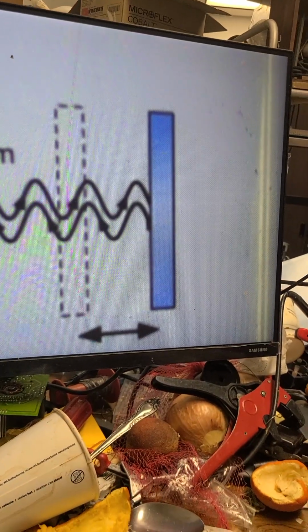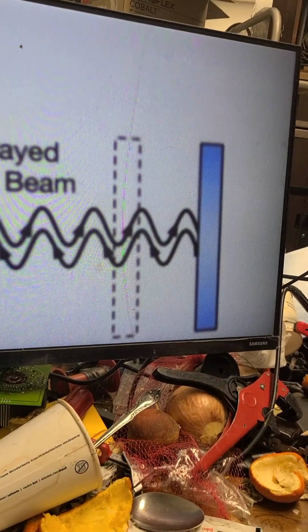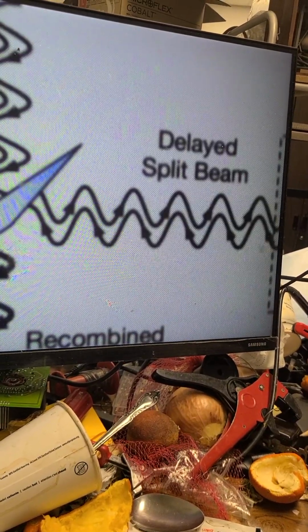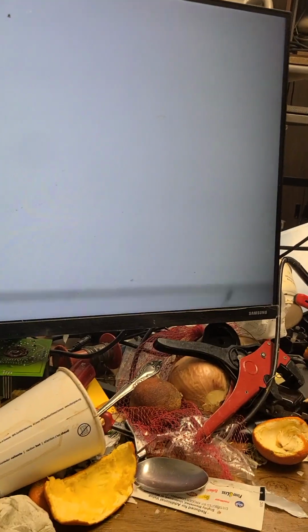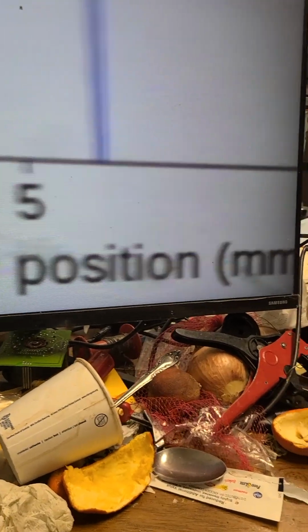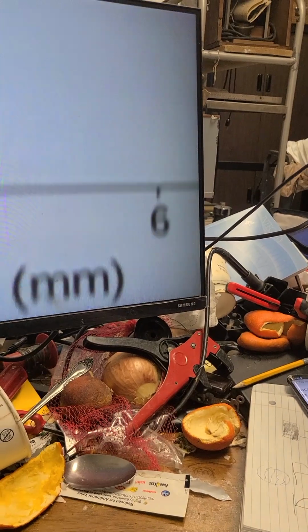So if any tilt does happen, you will lose this effect as seen in this thing. You will lose the constructive and destructive interference. Now, as you go through many wavelengths of distance for the infrared light, you can see the constructive and destructive interference after about going from 5 to 6 millimeters.